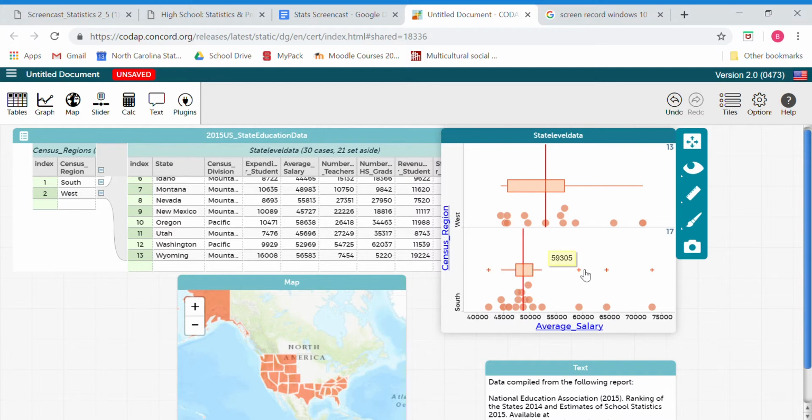There are these 3 outliers here, but most of the data is less than what 50% of the West is. So if you were to randomly choose a state in the West, you would have a 50% chance of getting a state with a higher average salary than almost all of the states in the South, which I found really interesting.